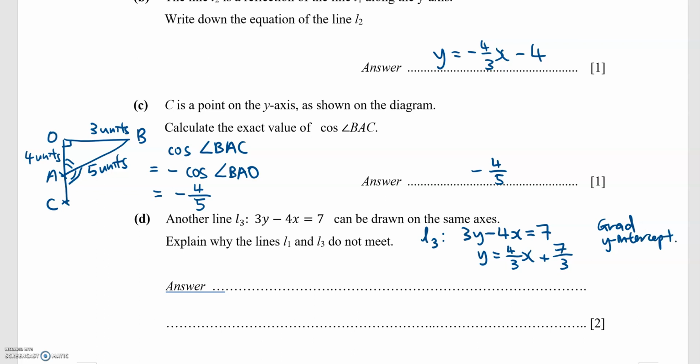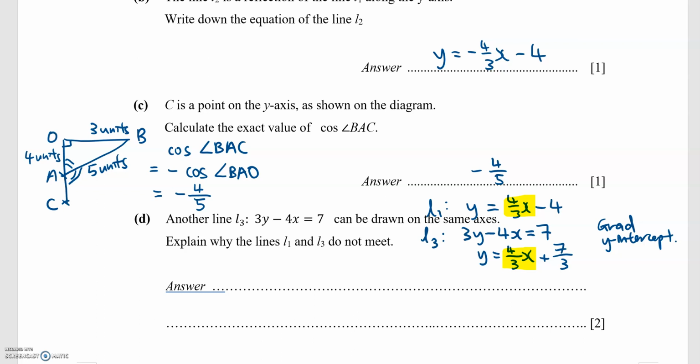So once I've written it out in this form, y equals mx plus c, I compare the equations of line L3 with those of line L1. So L1 is actually y equals 4 over 3x minus 4. So we can see that both of the lines actually have the same gradient, 4 over 3.